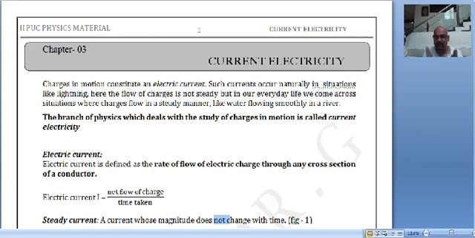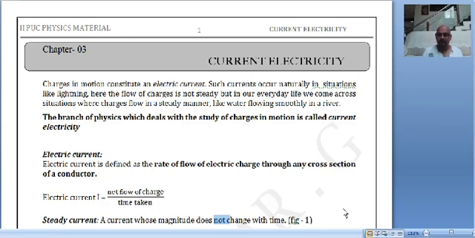So I is equal to net flow of charge divided by time. That is the reason we say rate of flow of charge. So electric current I is equal to net flow of charge divided by time taken.